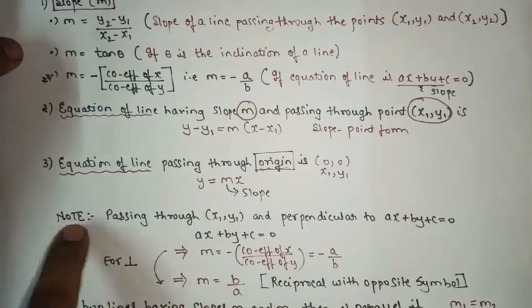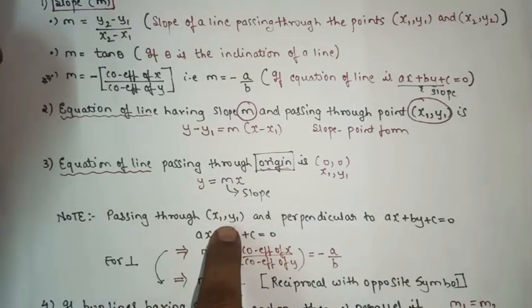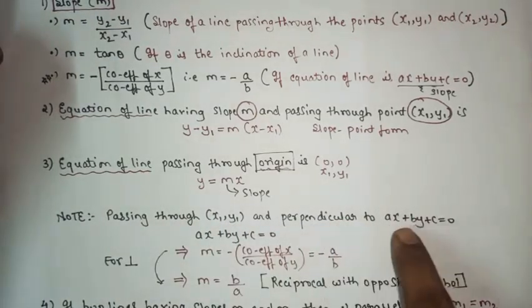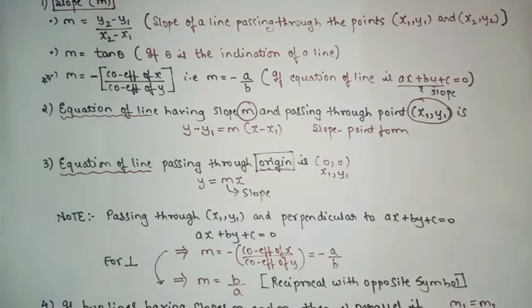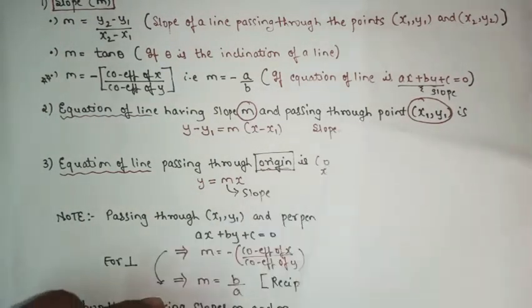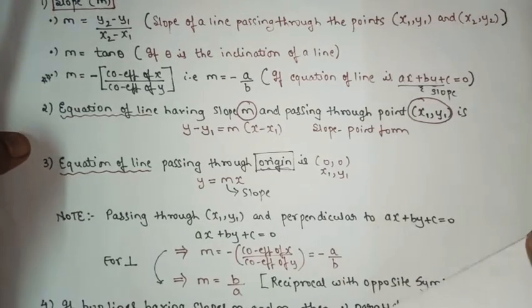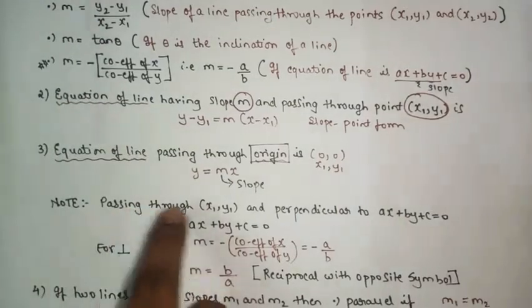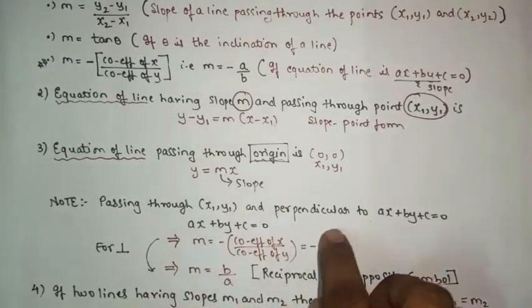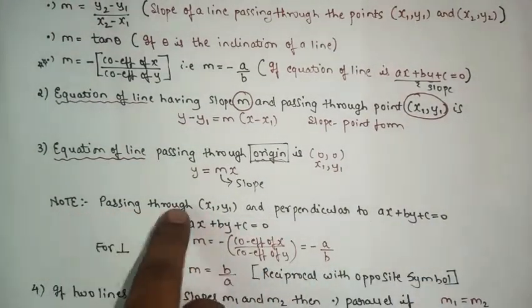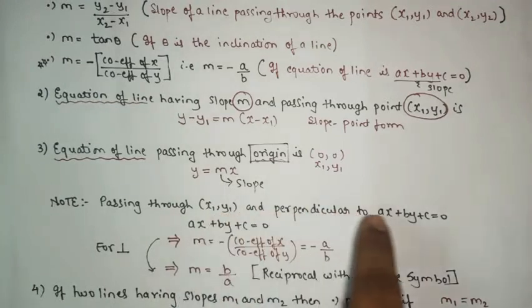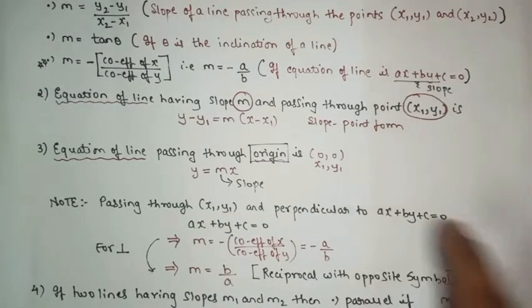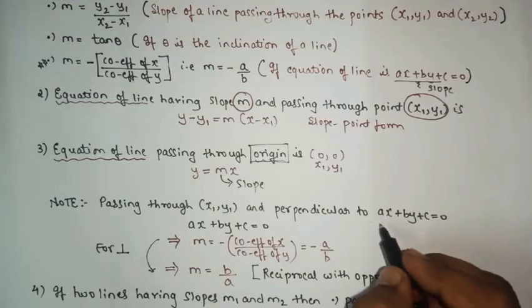Here I've written something: passing through x1 y1 and perpendicular to ax plus by plus c equal to 0. Now listen here, this part is a very important point. Whenever a statement comes like this, passing through the point and perpendicular to a linear equation, here can I say this is what?